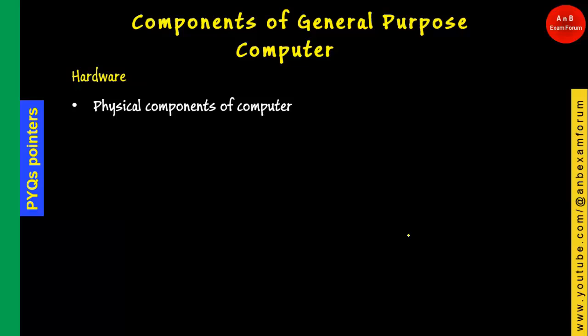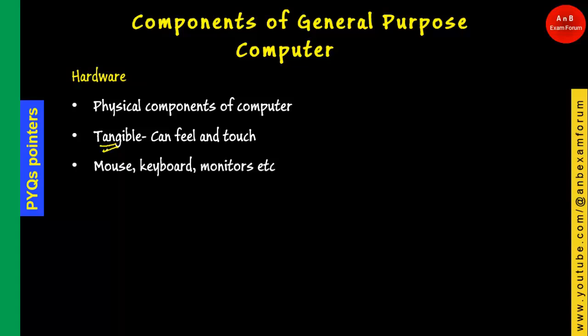Physical means which you can see, touch and feel. Basically that word is called tangible. Hardware is tangible in nature, meaning you can touch it. For example, you can touch the mouse, the keyboard, the monitor. All such things are hardware.